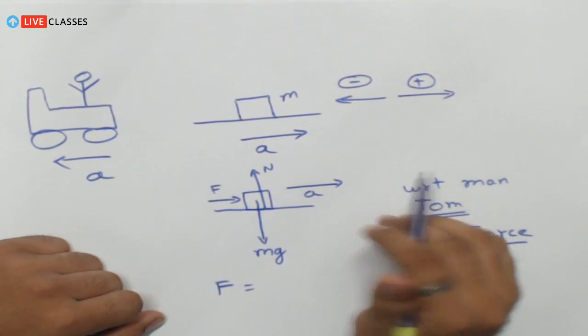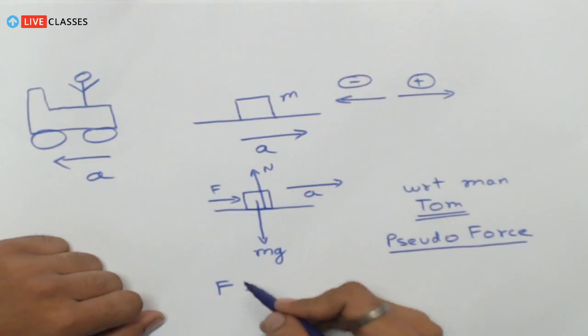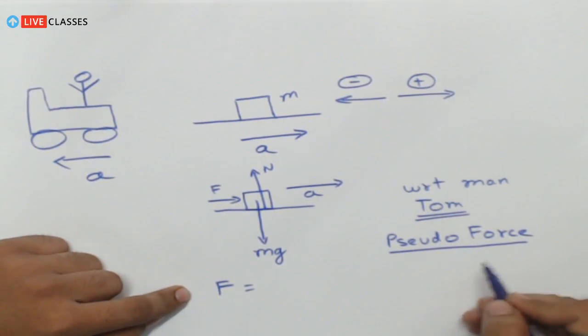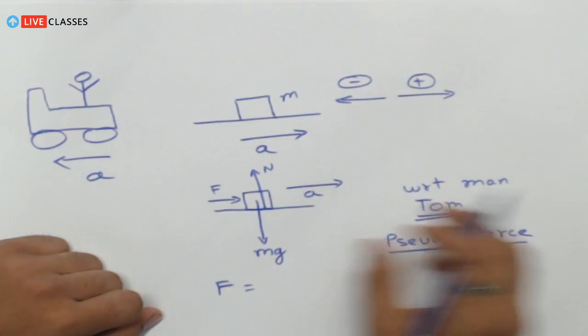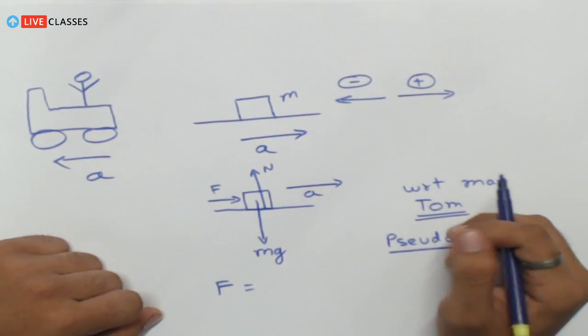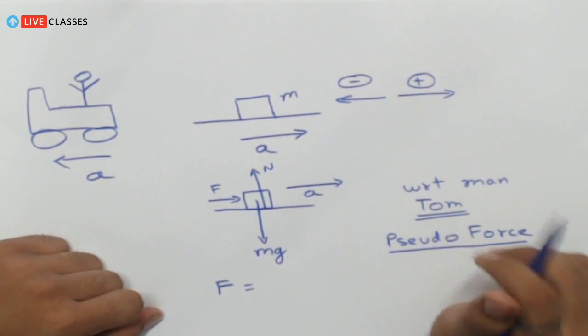No horizontal forces are acting other than F. F is the pseudo force we are trying to find out, because we are trying to apply Newton's laws of motion in a non-inertial frame.